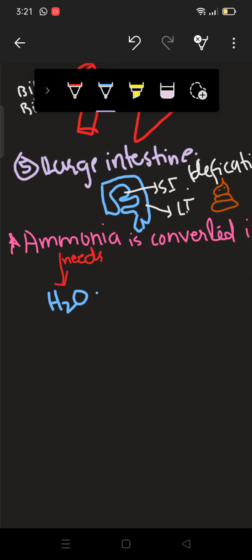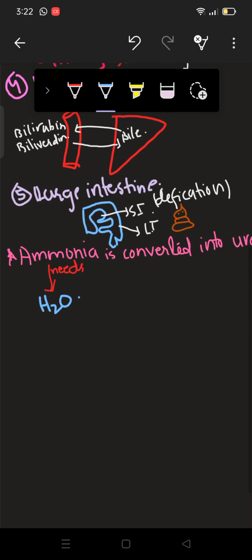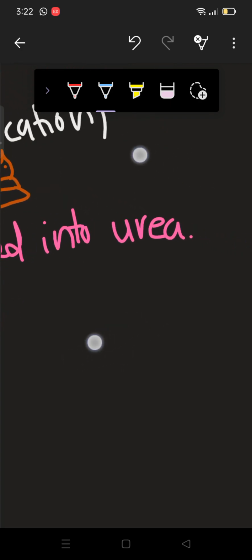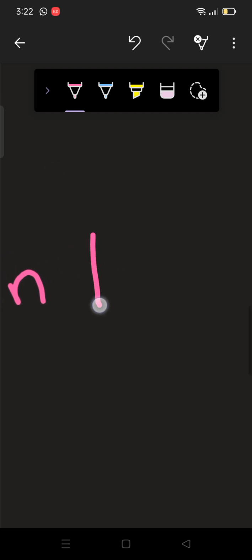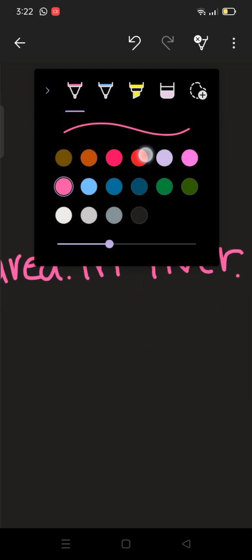Ammonia is removed by organisms living in water, like marine organisms, and those are known as ammonotelic. But we don't remove ammonia from our body. Ammonia is converted into urea, and this process happens in the liver, as we have discussed.